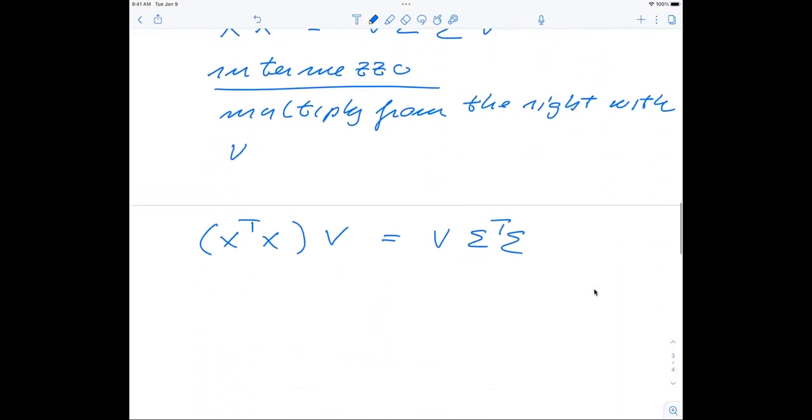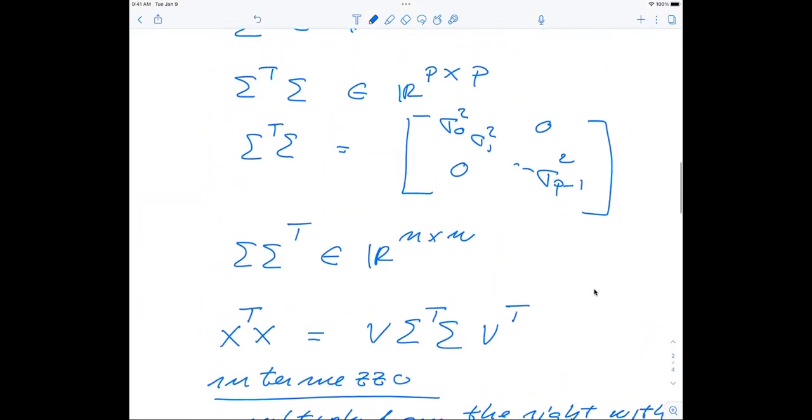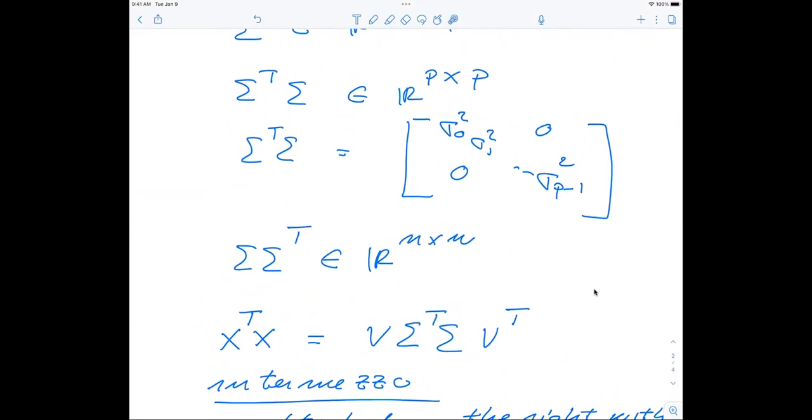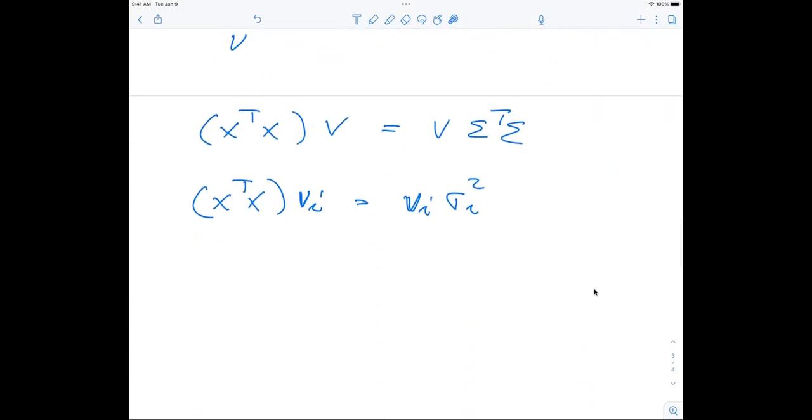Then you have that X transpose times X times v_i is equal to Sigma_i squared times v_i, because that's a diagonal matrix, which contains Sigma transpose times Sigma. So if I look at one of the column vectors which define V, this is nothing but an eigenvalue problem. Would you agree on that?